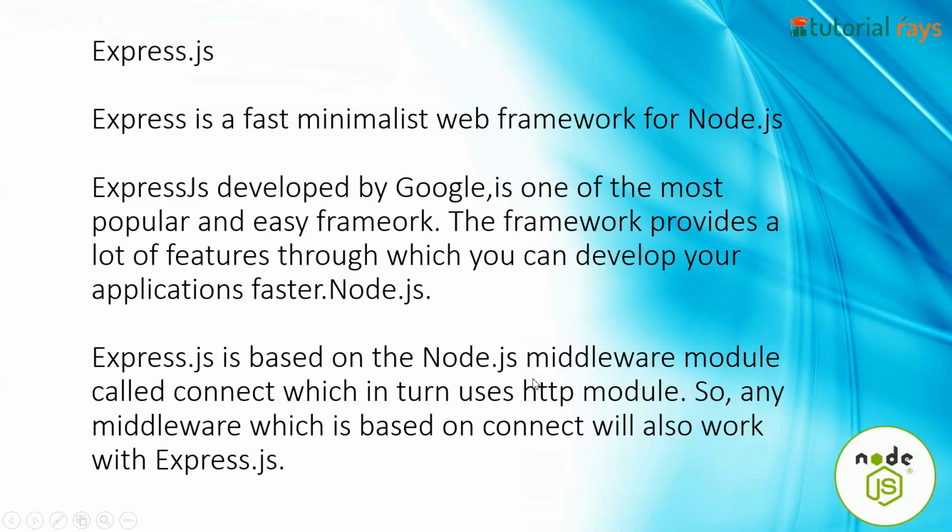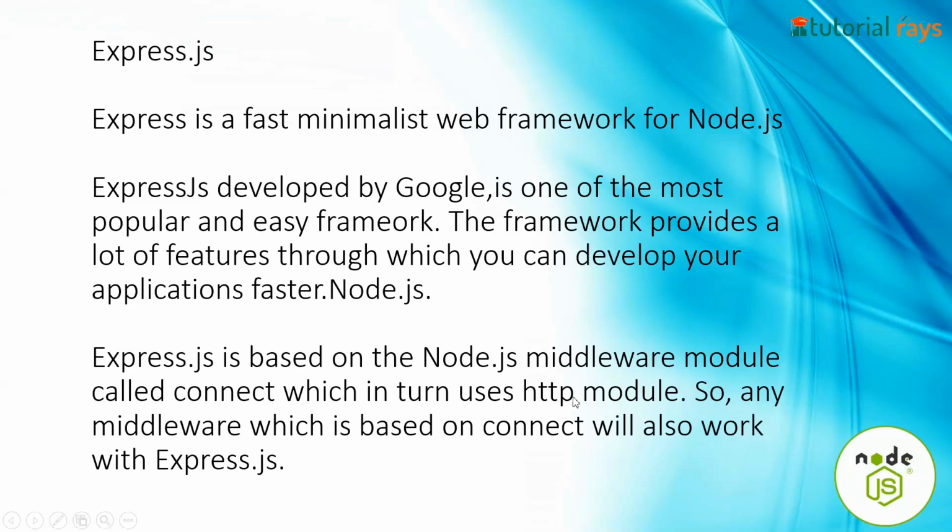Express.js is based on the Node.js middleware module called Connect, which in turn uses the HTTP module. If you have watched my previous video, then you might have seen that Node.js uses the HTTP module to communicate between client and server.